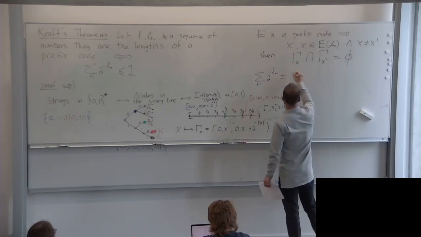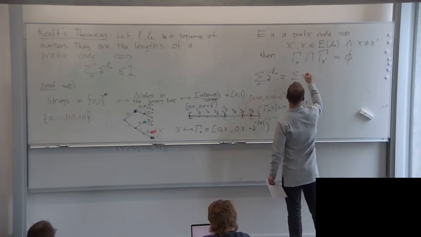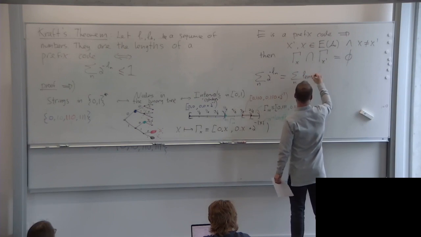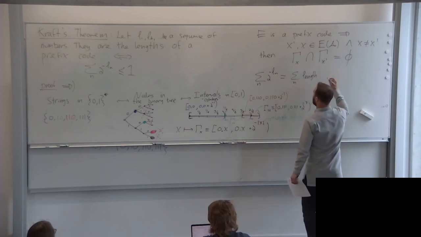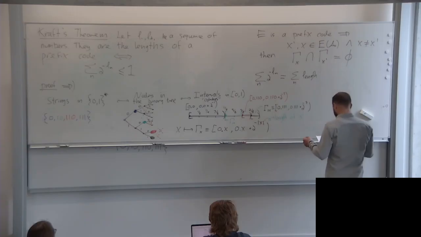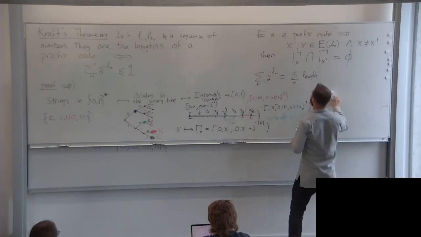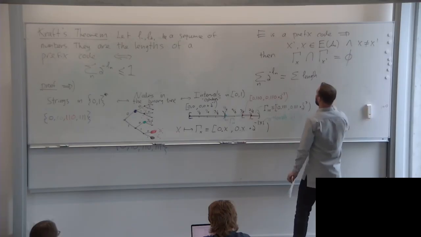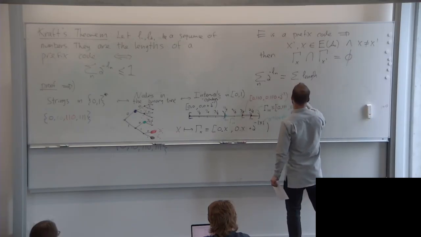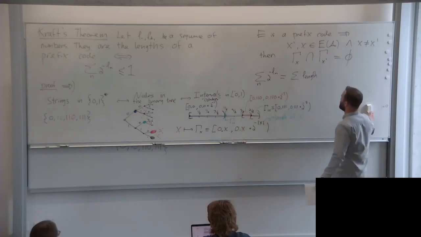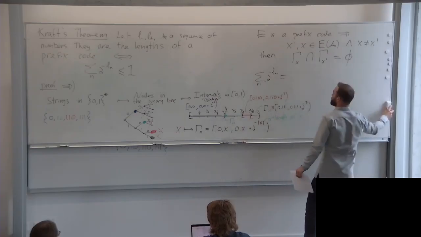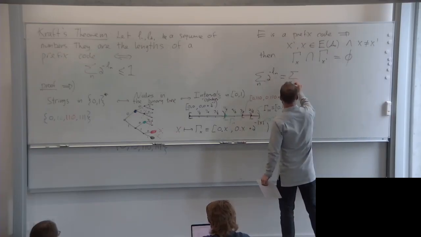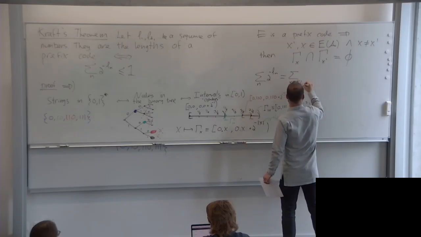So I can say it's the sum over n of the length. It might be a bit better if I just do an intermediate step: sum over all x in E of A.